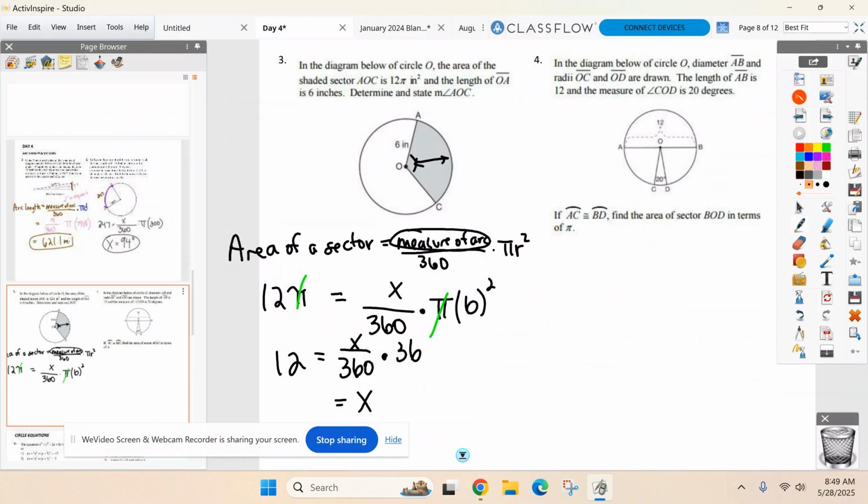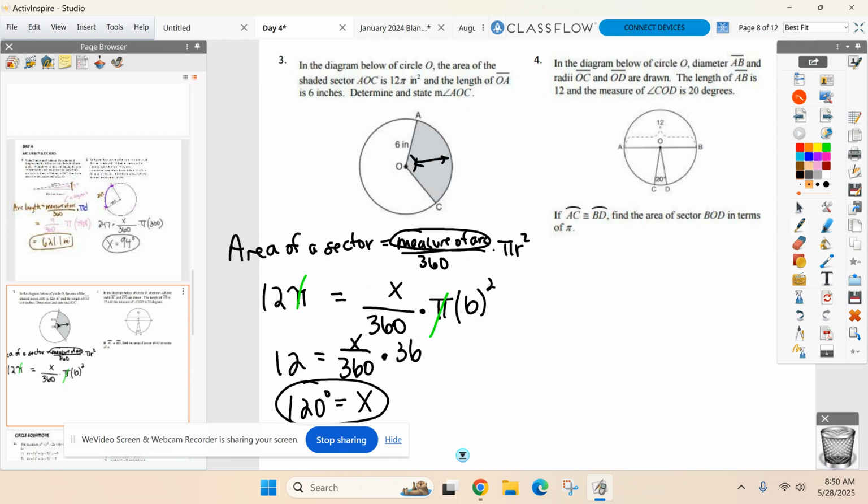Go ahead. 12 over 36. And then how you getting rid of the 360? Times 360. Yep. Go ahead. All right. A little bit better than your negative number there.